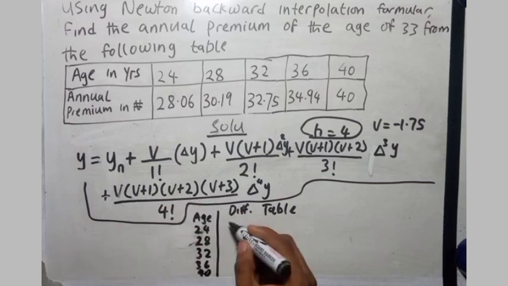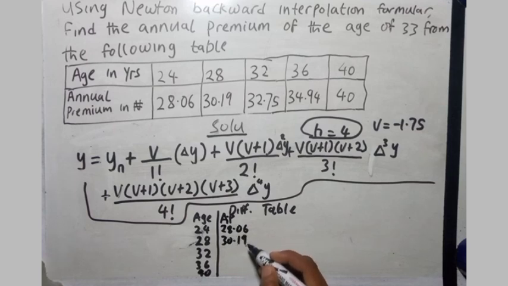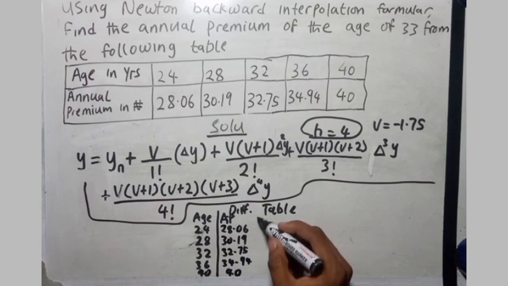For our AP, our annual premium, we'll have 28.06, 30.19, 32.75, 34.94, and lastly 40.